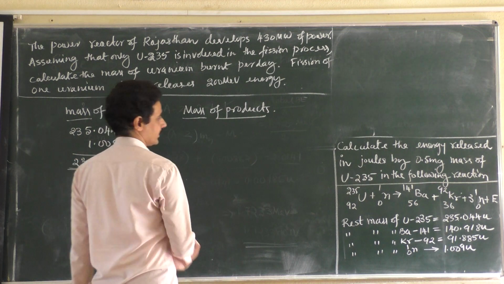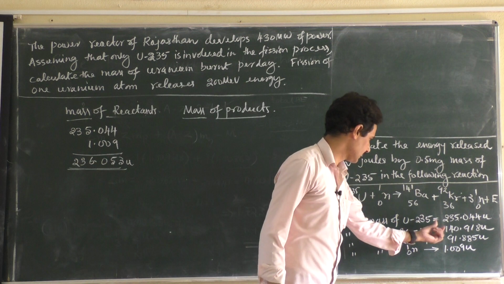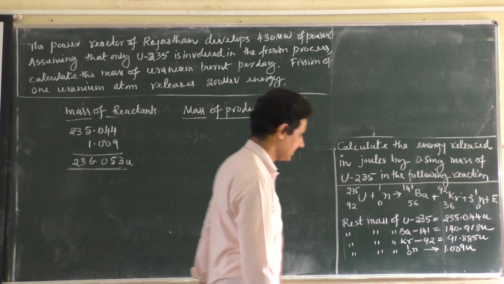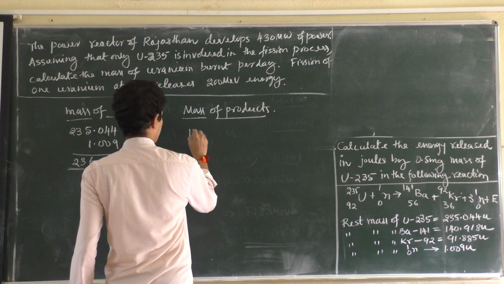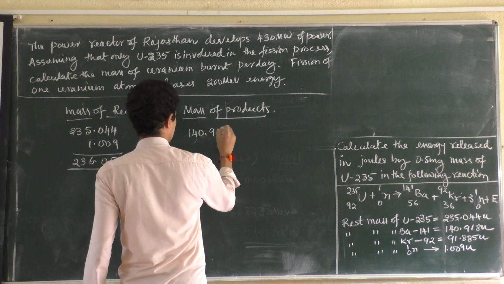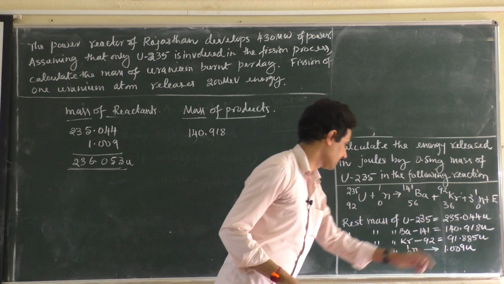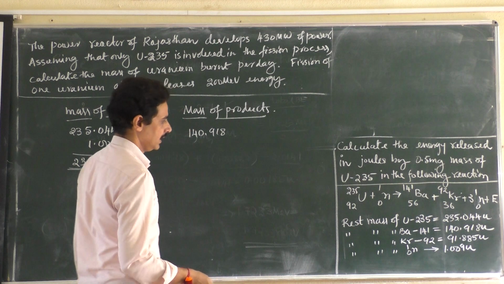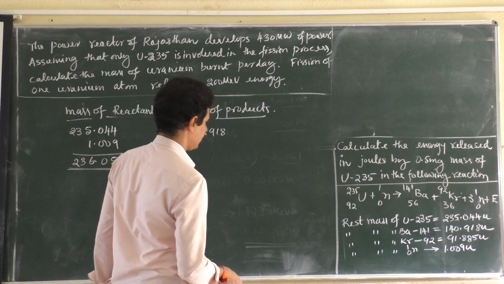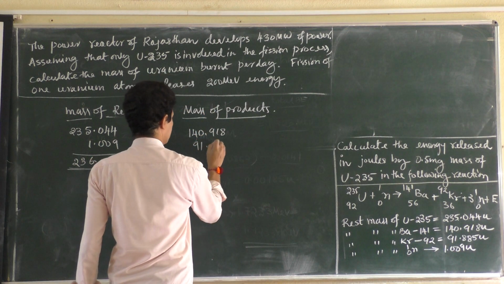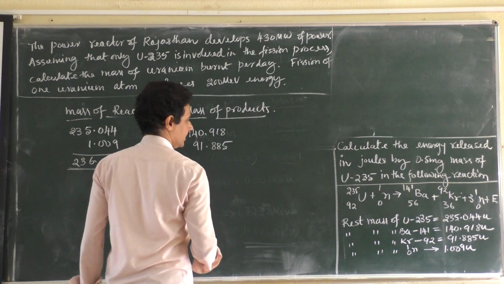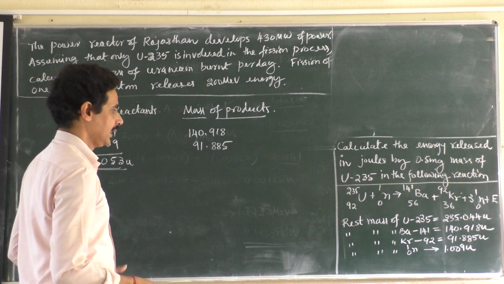One barium nucleus. What is the mass of one barium? 140.918, plus one krypton. How much is the mass of one krypton? 91.885 AMU, or atomic mass unit.